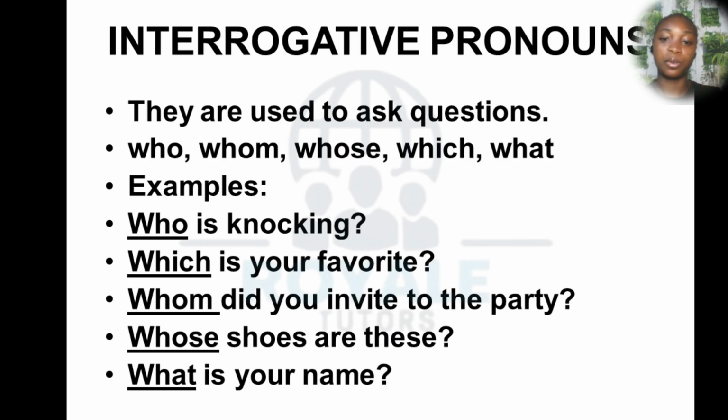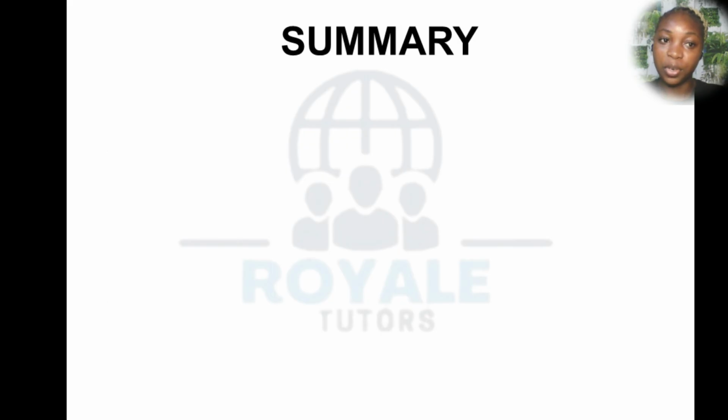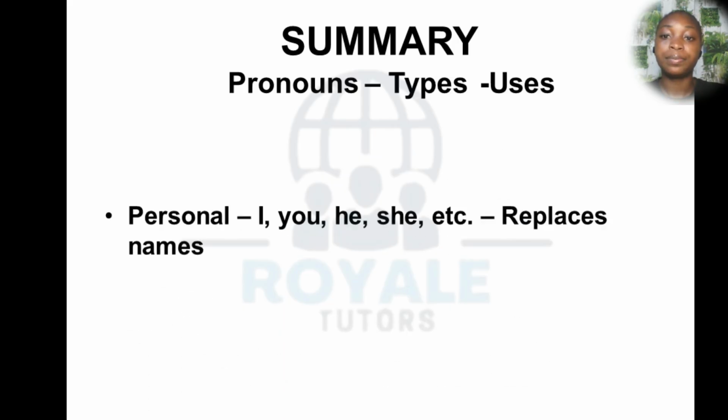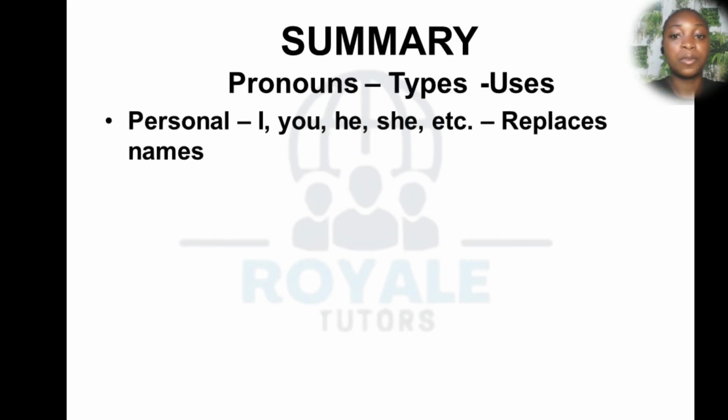All right. So now to the summary of everything we've thought under pronoun. So first thing, before I go to what we have here, don't forget the fact that pronouns are words used to replace a noun to avoid repetition. And then for the types of pronouns, we have the personal pronouns, which is used to replace the names of specific places, things, and the likes.